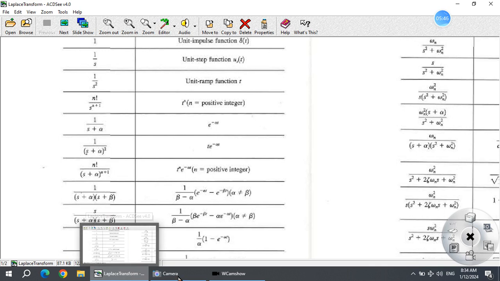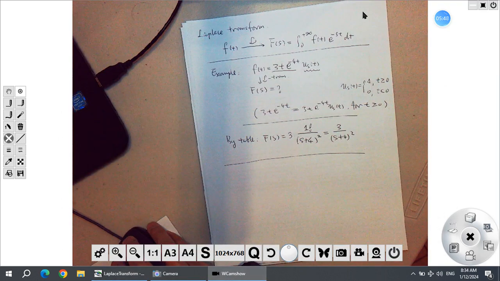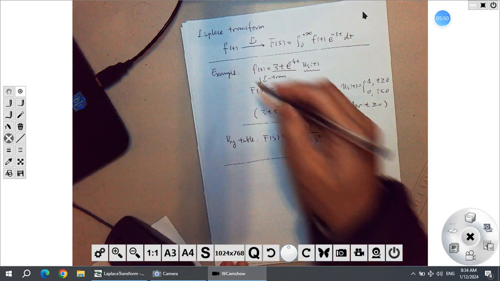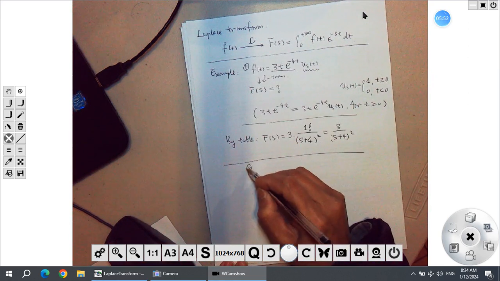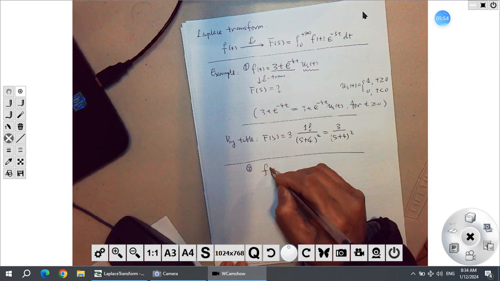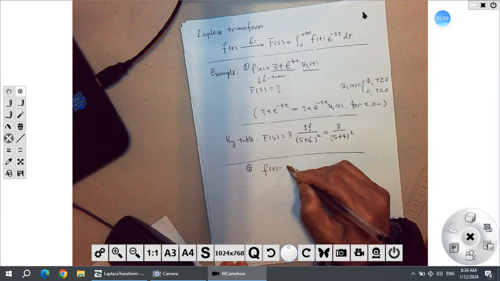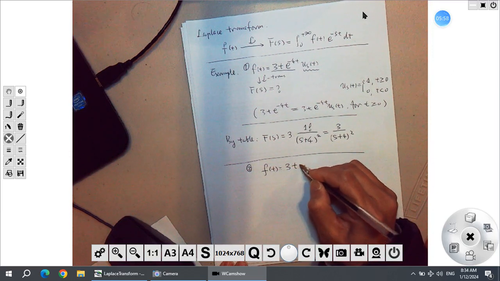Now look at the second example. Example 2: now f of t equal to t times u of t minus 2.